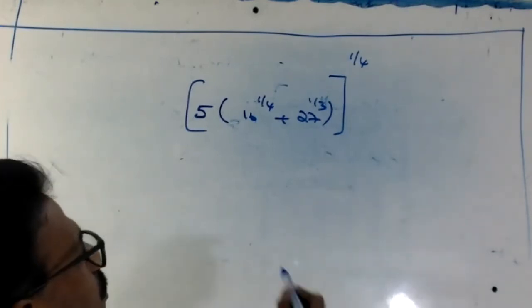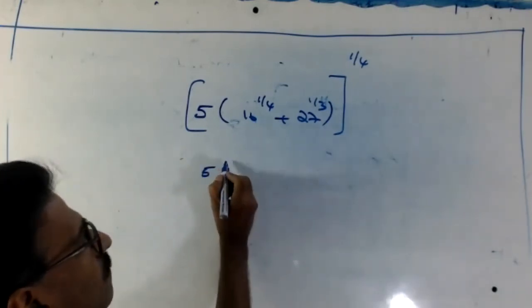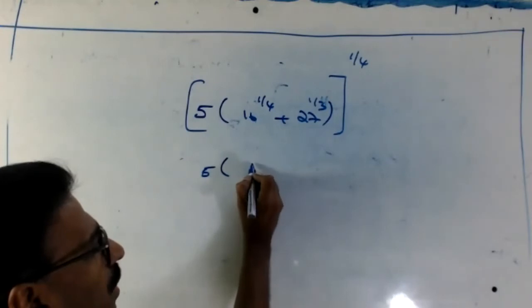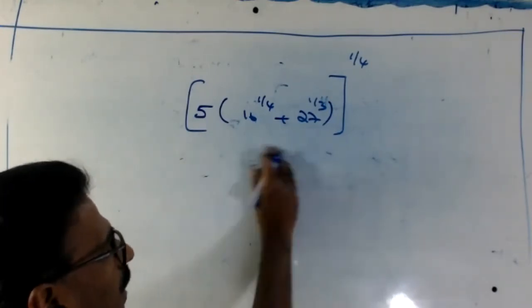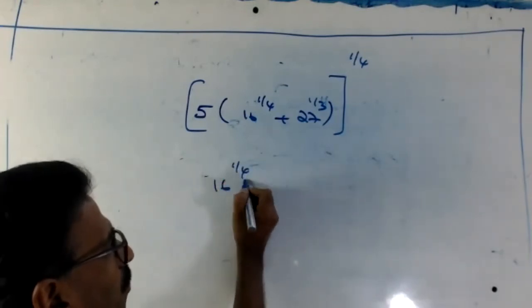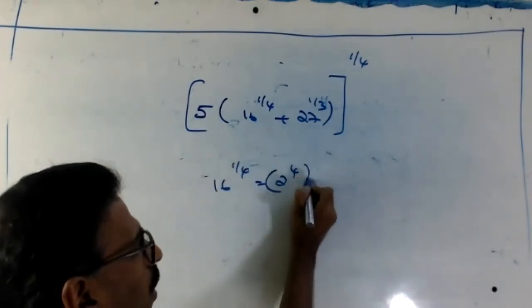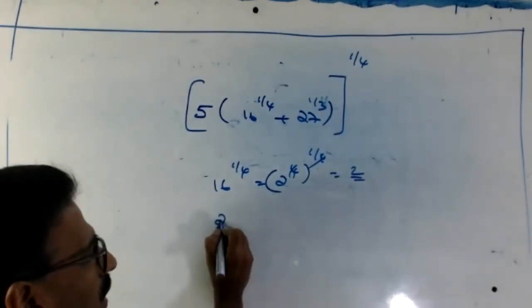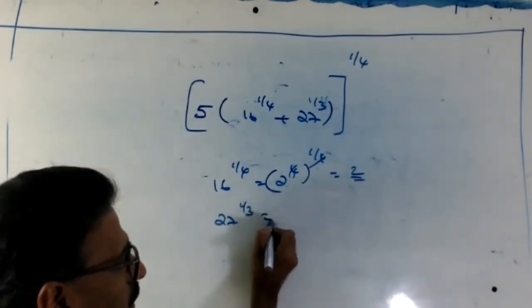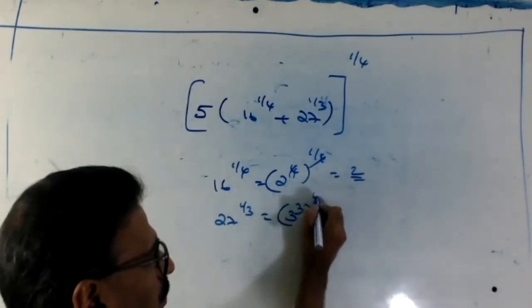Okay. Look, 5 into (16 raised to 1 by 4). 16 is 2 raised to 4, all raised to 1 by 4. That is 2. 27 raised to 1 by 3 is (3 cube) all raised to 1 by 3.